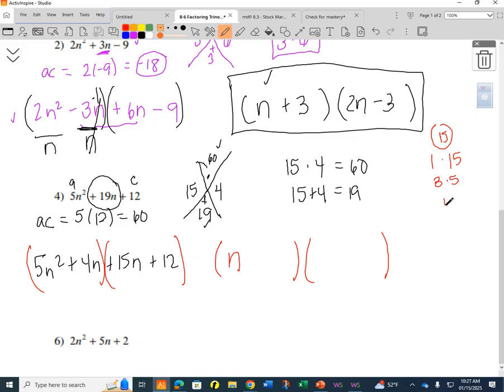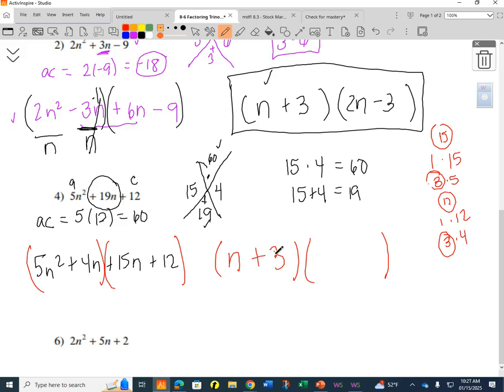The factors of 12: 1 and 12, and 3 and 4, right? So what is the biggest number that they have in common, Brooklyn? The biggest number that's the same. 3, that's right. So the positive 3, so it's plus 3.